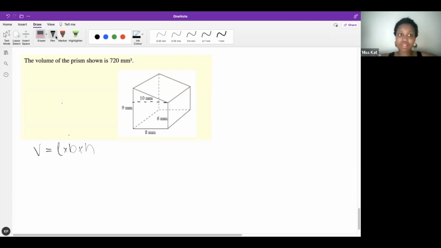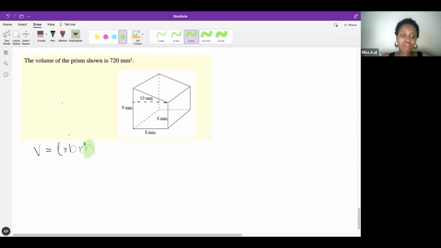Actually, I shouldn't have written L. That long one that goes over there. Imagine we put this prism on its base. So we're saying this is the base, right? And we're going to put it that way. Yes, it's the height.